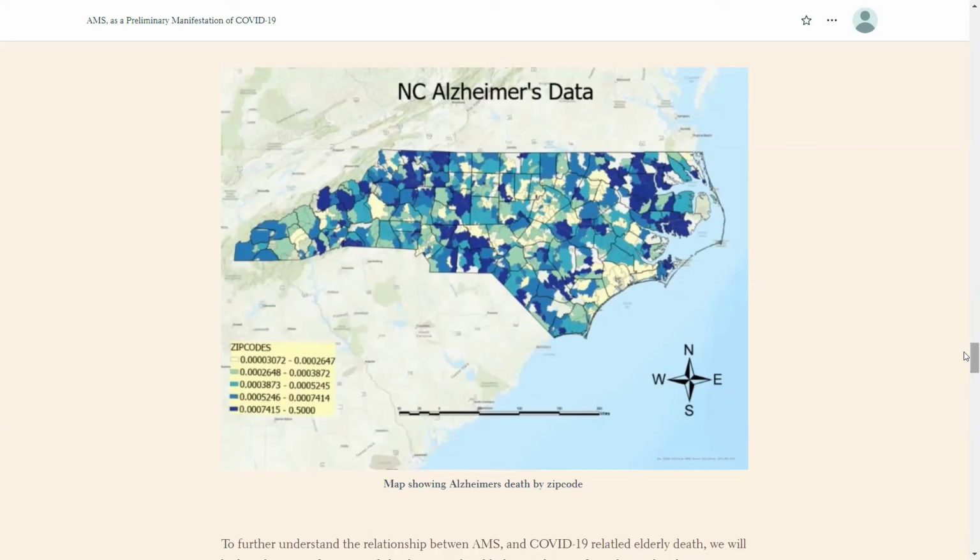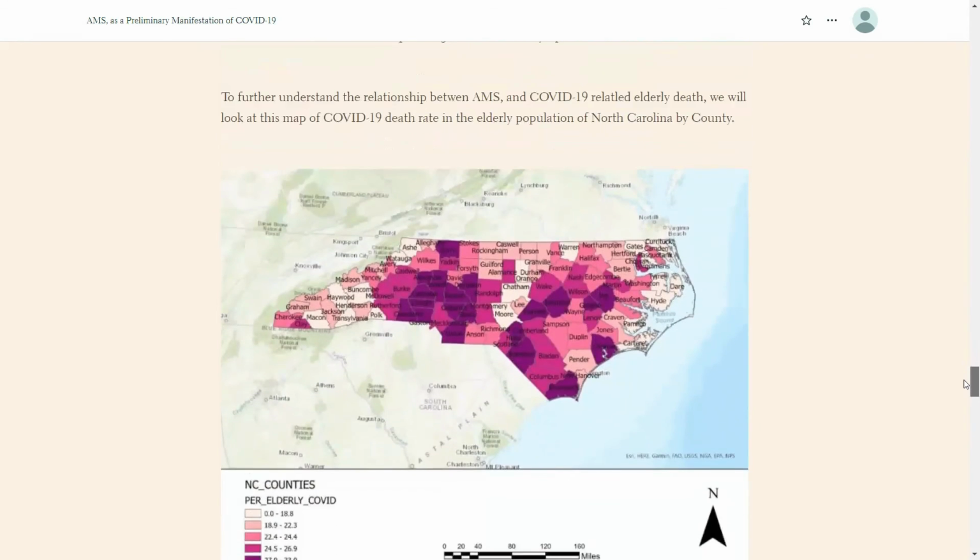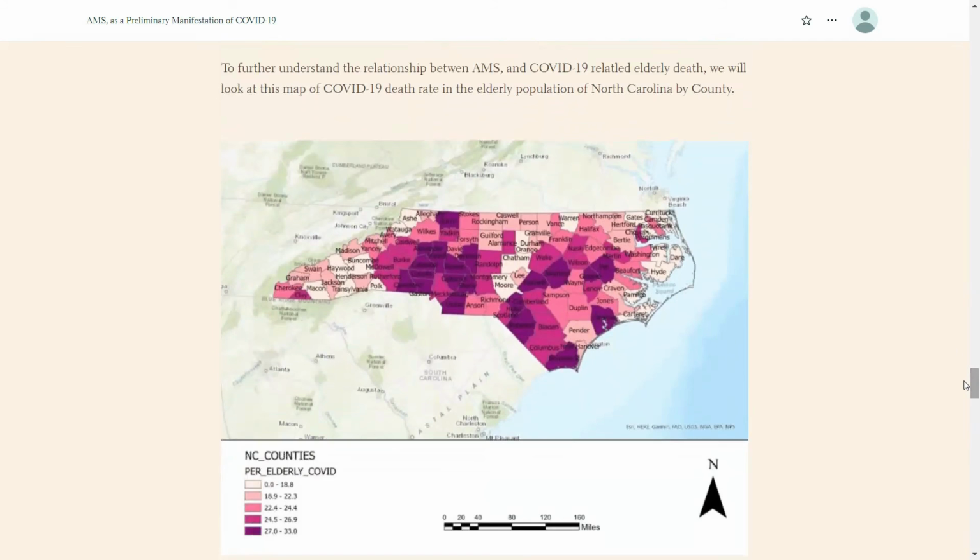Now, in February or March 2022, I presented a poster on impacts of COVID-19 on the elderly population of North Carolina, and that map is this. So to further understand the relationship between altered mental status and COVID-19 related elderly death, we will look at this map of COVID-19 death rates in the elderly population of North Carolina by county.